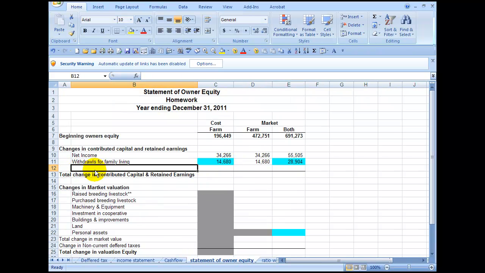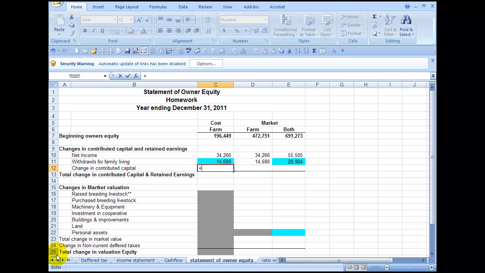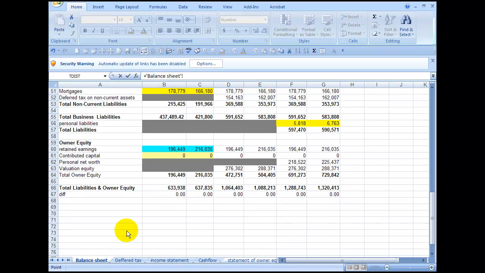Here's a spot that if we wanted to, we could put in change in contributed capital. If you've got an ongoing business, a lot of times this will be 0, and so you don't always see it on there, but here is a spot for it. What you would have to do is calculate it from the balance sheet.